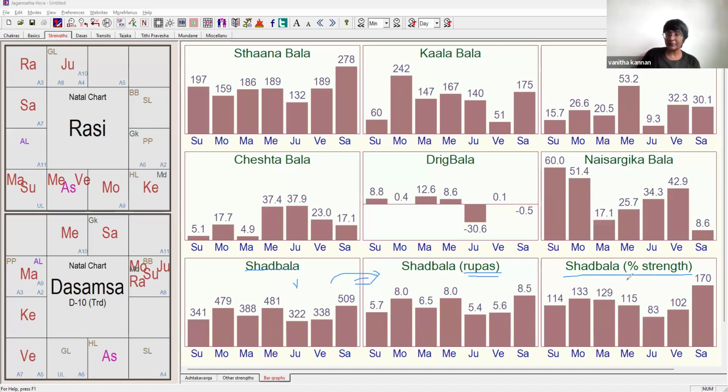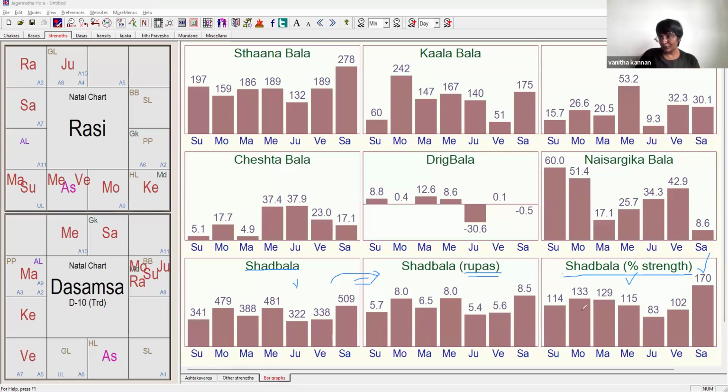Here this is the percentage strength. If you want to quickly find out which is the good one, here you can easily find out which is the graha. It's the 10th for this Jataka. For him, Saturn is good because the percentage strength is high.